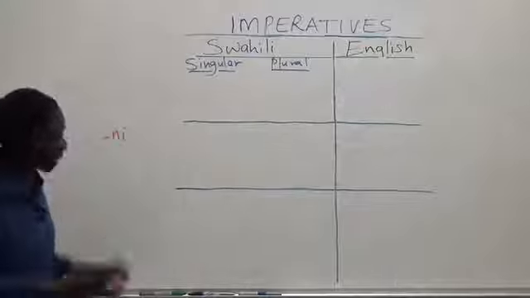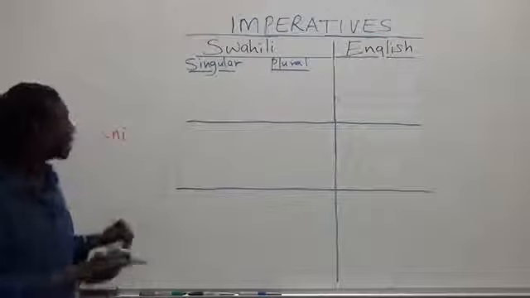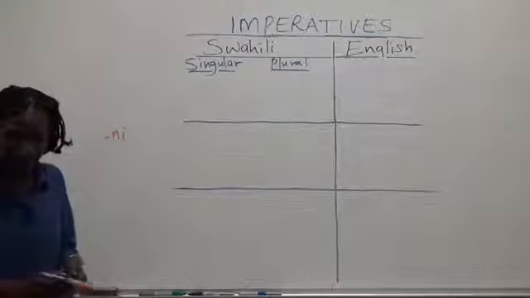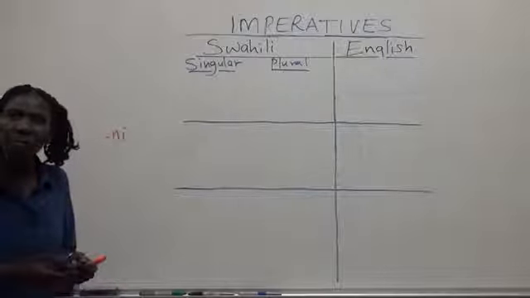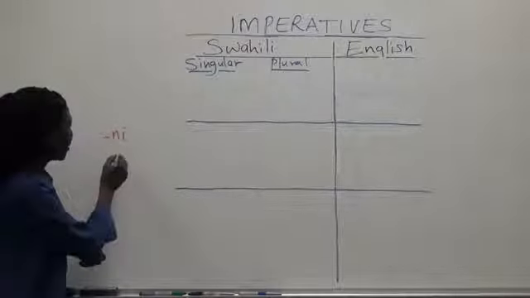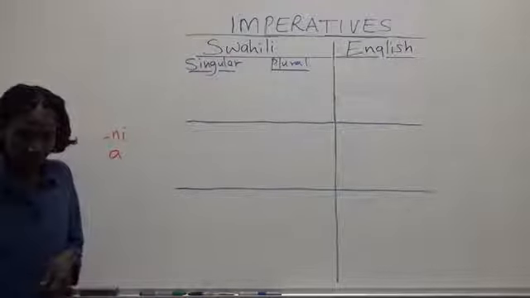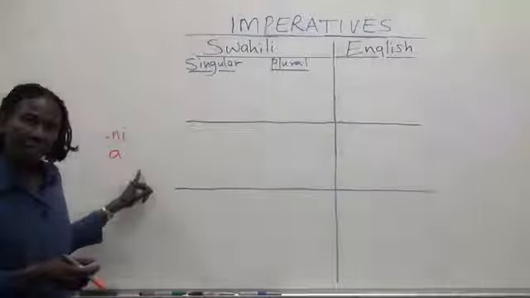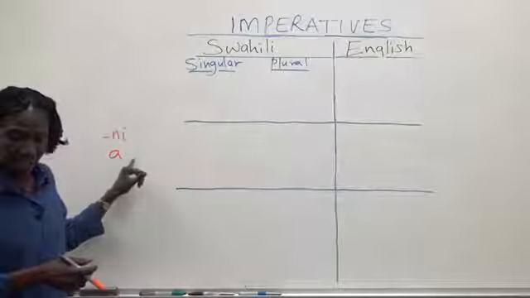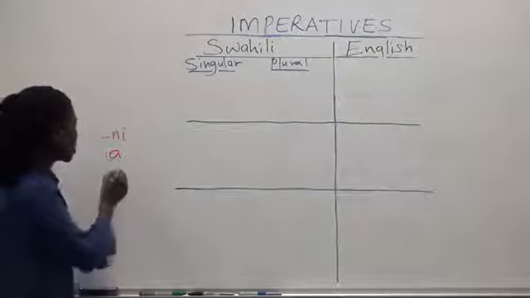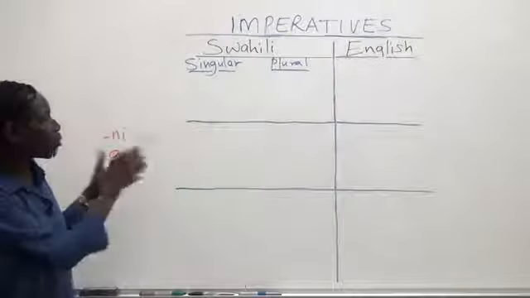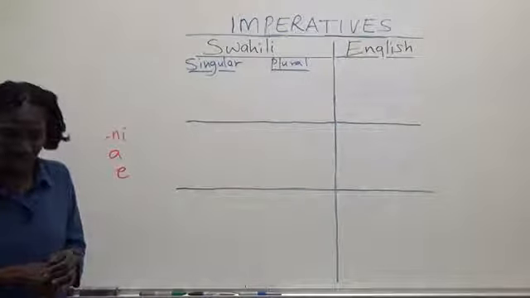And then, of course, when the suffix ni is added to a verb stem that ends with the letter A, the final A of that verb changes to E, as we are going to note in the following examples, okay?